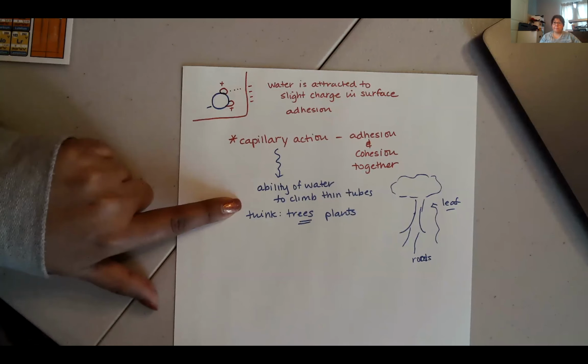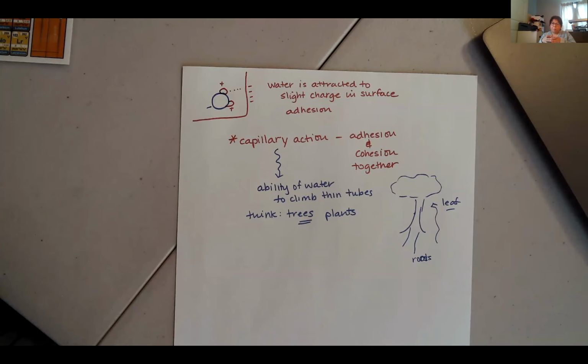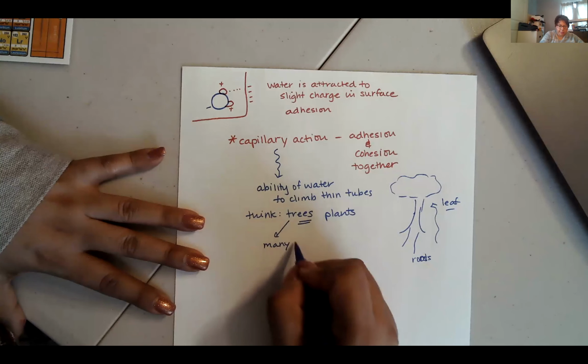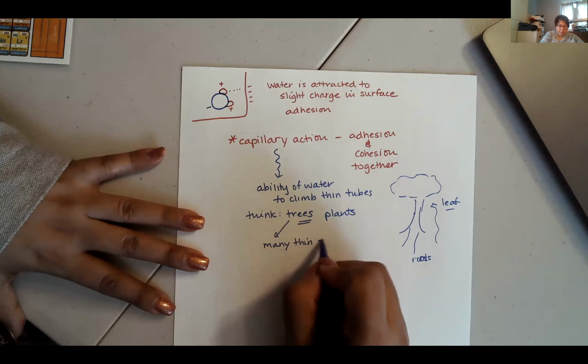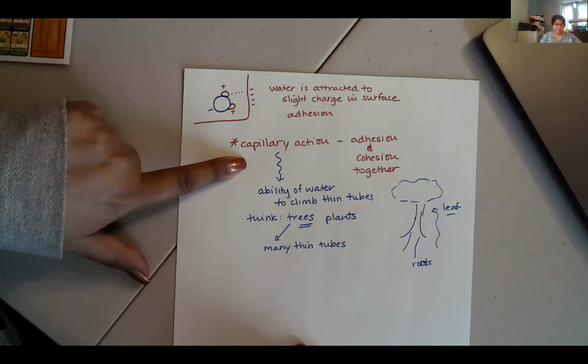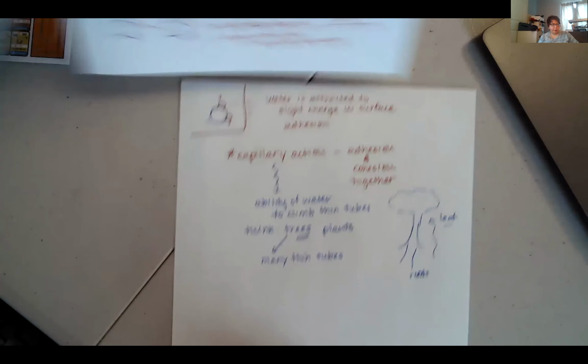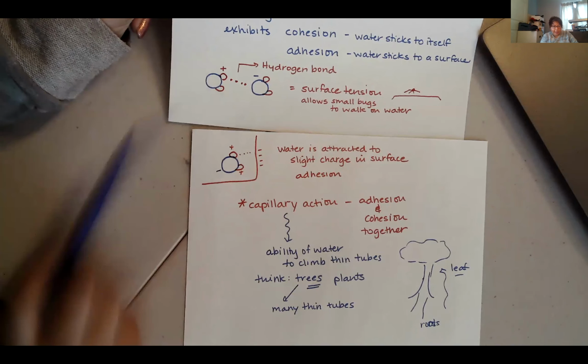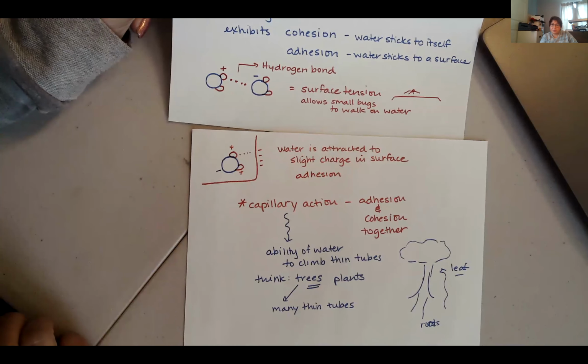Trees are actually a bunch of straws that are all put together. And so trees have many, many tiny, thin tubes, which the water actually climbs up itself because the water molecules are attracted to each other, and at the same time, they're attracted to the surface.